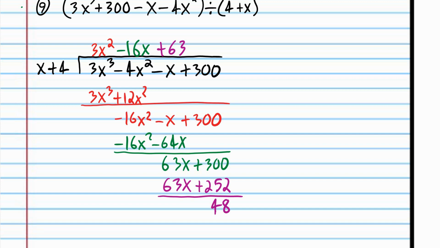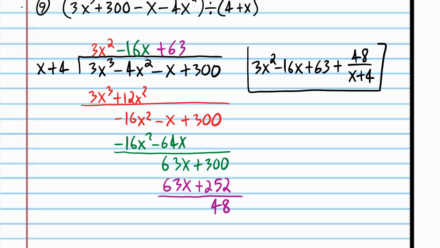So now we're going to write our final answer, which is this quotient up here plus the remainder over the divisor. That's always the way we write the final answer. So 3x squared minus 16x plus 63 plus 48. And it's going to be plus 48 because it's a positive 48 over x plus 4.